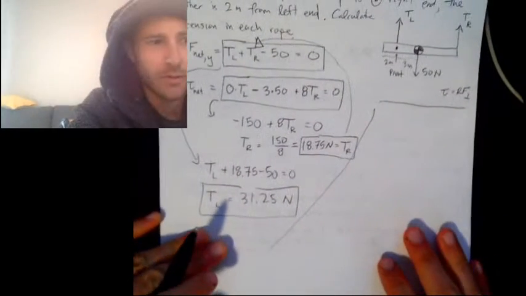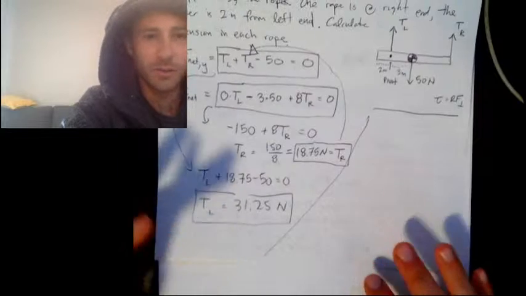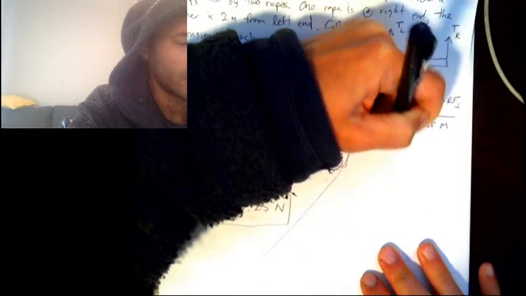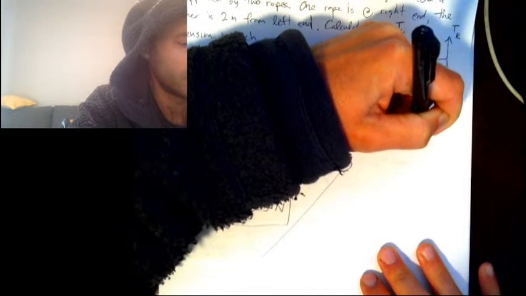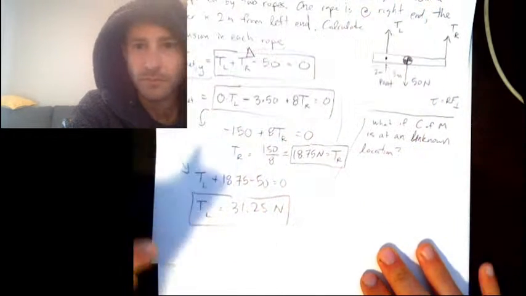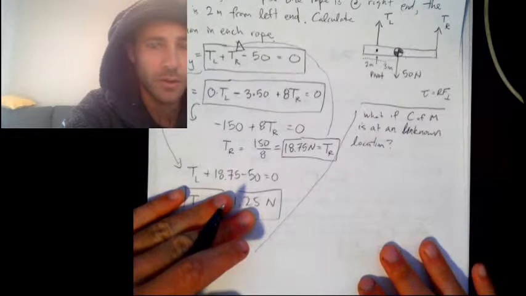There's one other thing that I wanted to talk about. So I'm not going to do a full example, but what if the center of mass is at an unknown location?